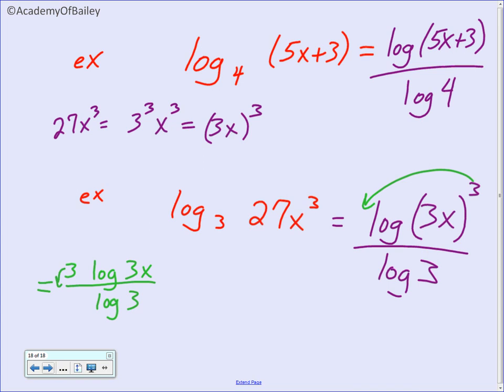We're just going to bump it out to the side of the fraction bar. So we're going to have 3. And isn't this the product property? So that's going to be 3. And then on top, we're going to have the log of 3 plus the log of x. And then on bottom, we have the log of 3.